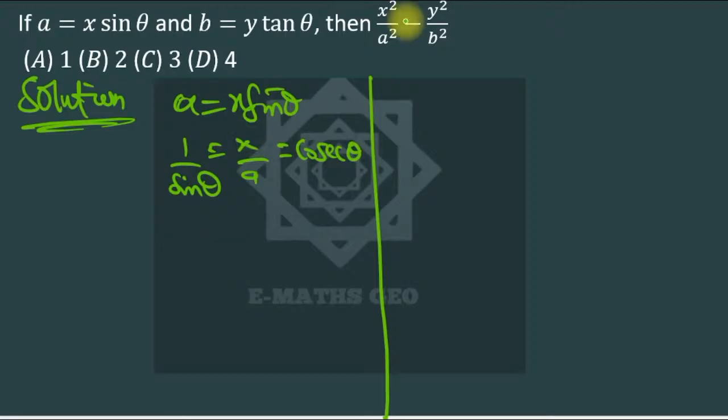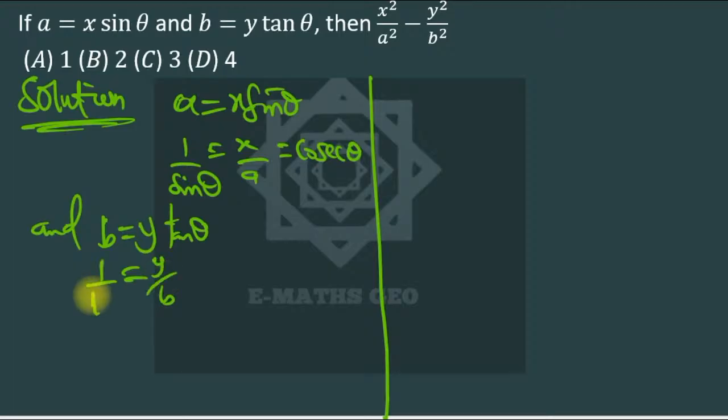Here I'm seeing y over B, and B equals y tan theta. In the same way, making y over B the subject, y over B equals 1 over tan theta. Again, we know that 1 over tan is cot.